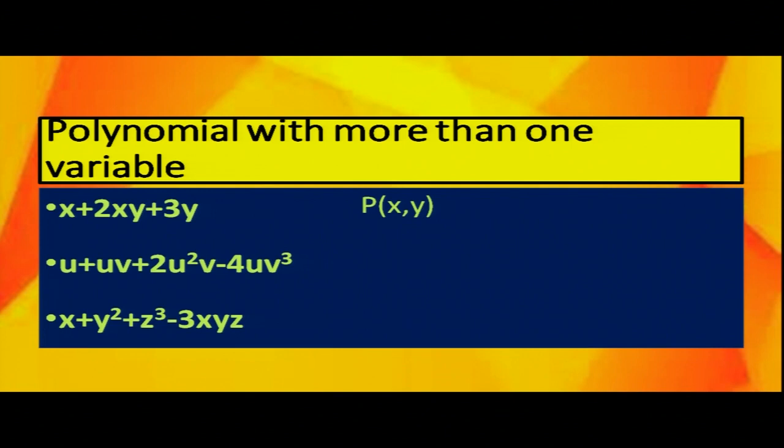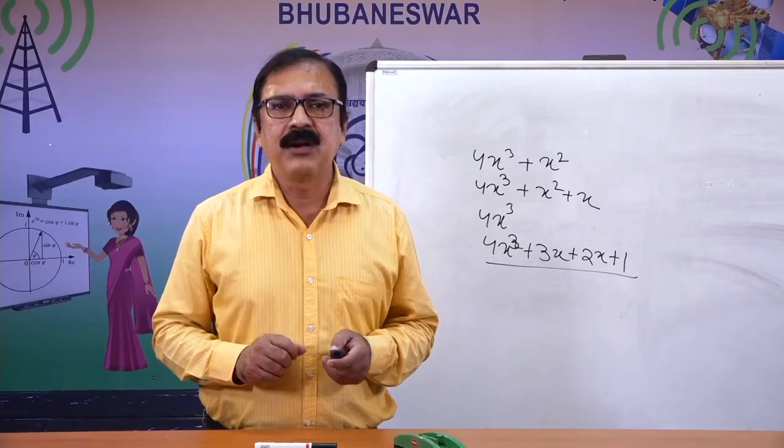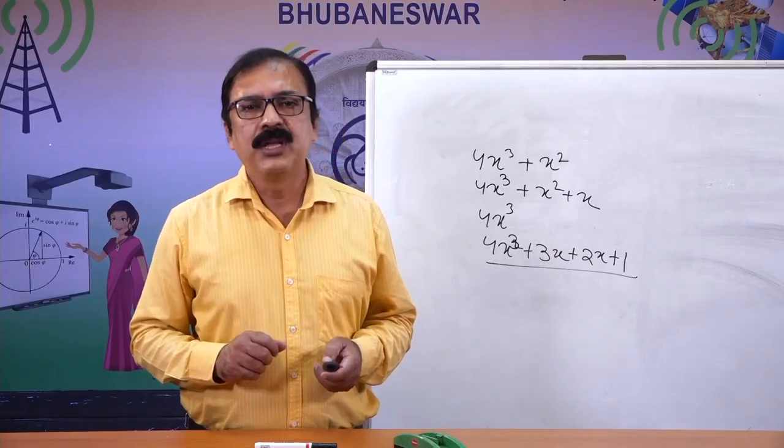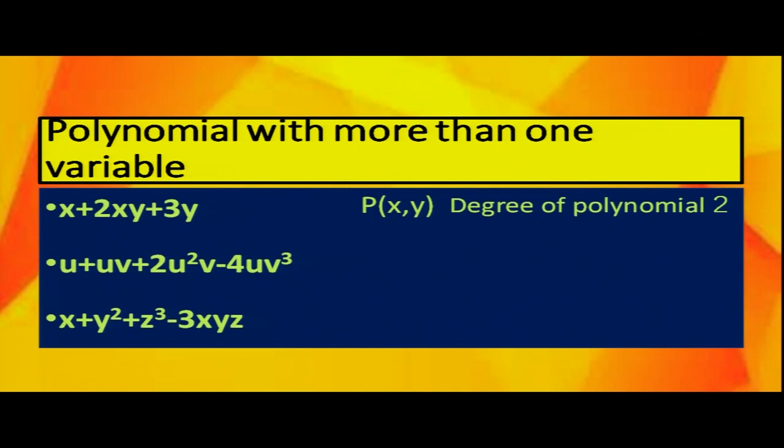To find the degree of a polynomial with more than one variable, we have to add the exponents of the variables in each term. In this way, in 2xy the sum of the exponents of x and y is 2, so the degree of the polynomial is 2.